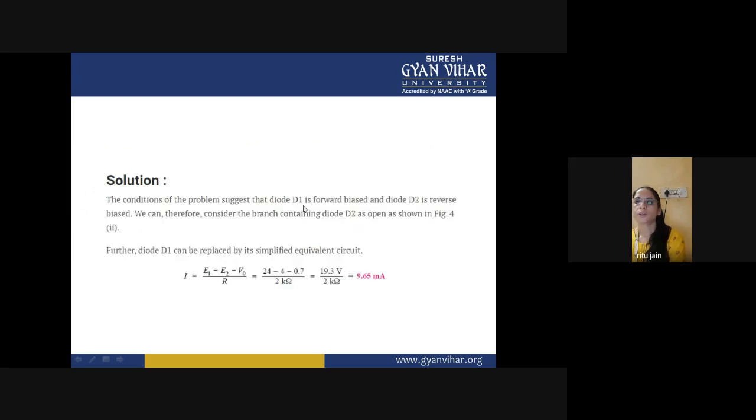So the condition of the problem suggests that diode D1 is forward biased and diode D2 is in reverse biasing. So we can therefore consider the branch containing diode D2 as an open circuit.